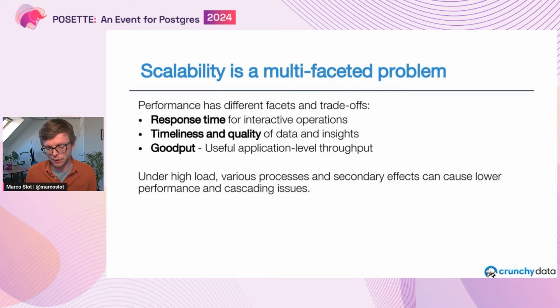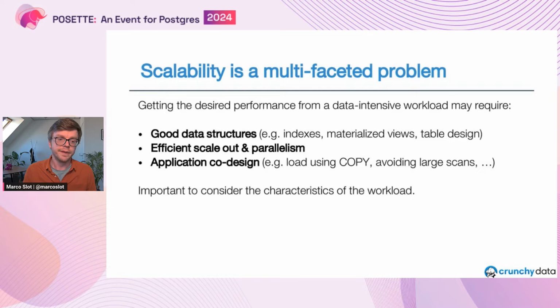Under high load, obviously things get slower, partly because the CPU and the disk might be busy. But there can also be these secondary effects where, for example, in Postgres, you have autovacuum, where if the autovacuum process falls behind, the table gets bigger and more bloated. And then scans on that table take longer, but also use more resources, putting more pressure on the system. So you can get into these spirals that can be very nasty to get out of.